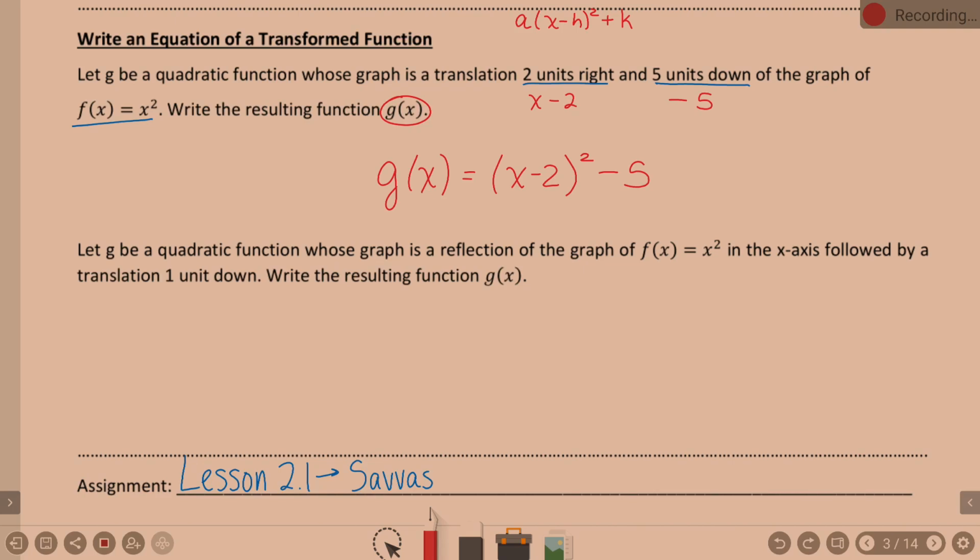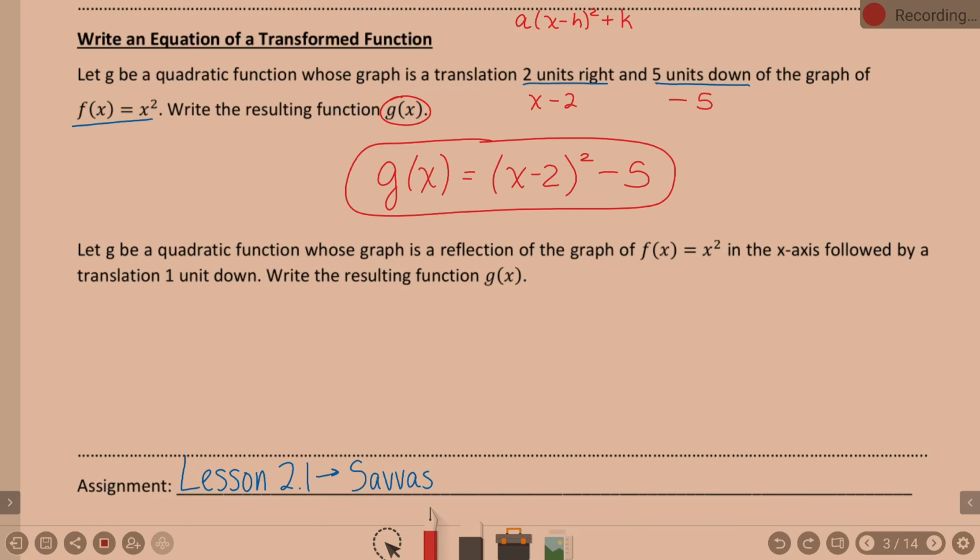You're done. That's all. It's just understanding how to write the equation. Okay? It's kind of putting everything together we've done, yes? Questions on that one? That was pretty basic.